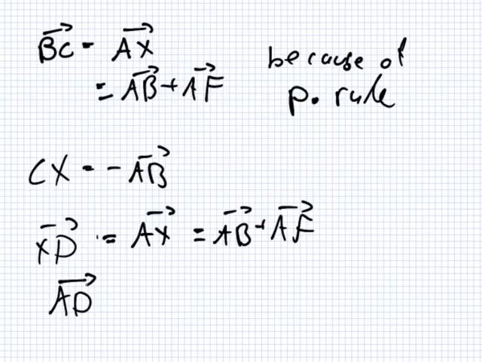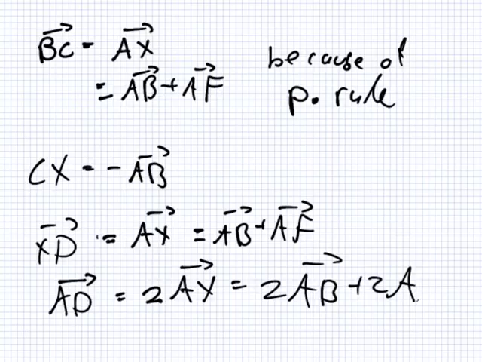Yes. AD is twice AX. And AX we have from the previous one. That's twice AB plus twice AF. Just have it there for you. That was AD.